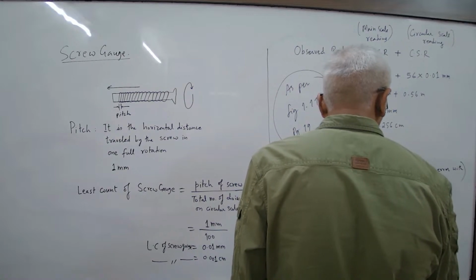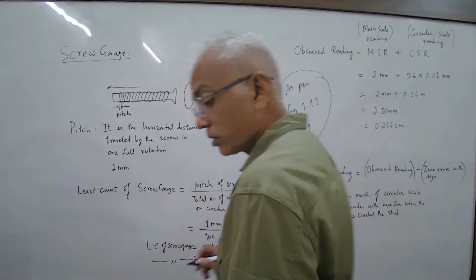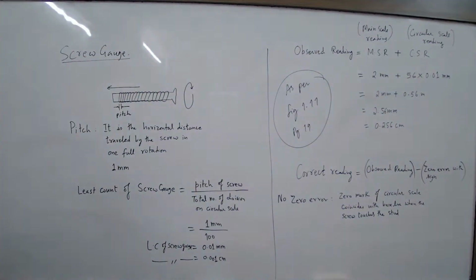In your book, what is written? What is this end written as?